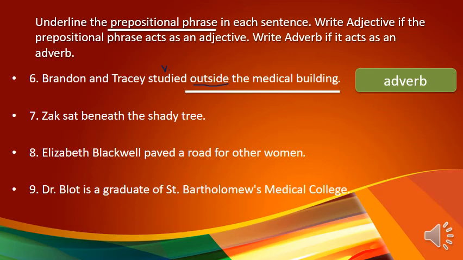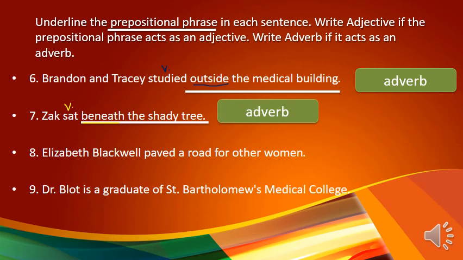So beneath is the preposition and beneath the shady tree is the prepositional phrase. Let's look at the word that precedes the prepositional phrase, which is sat. Sat is a verb, and this means that we have a prepositional phrase that acts as an adverb.